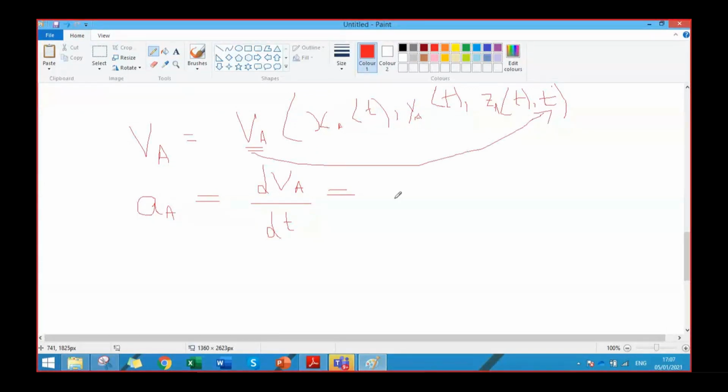So we'll write partial V_A by partial T, because of the dependency of this velocity on time. Clear?